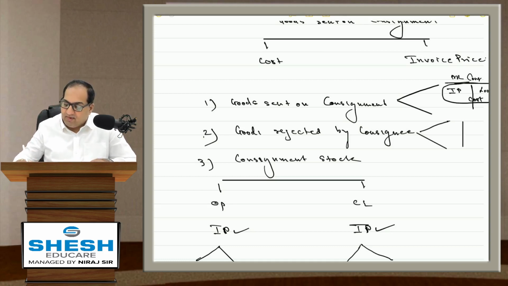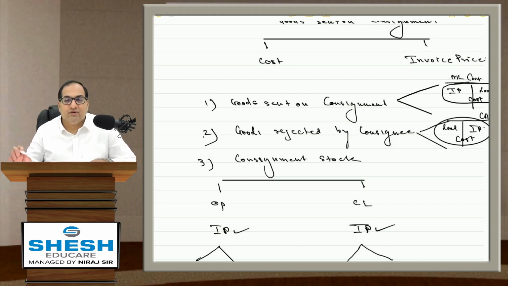When goods are rejected by consignee and sent back to consignor, we will credit consignment account at invoice price and reverse the loading element on the debit side. So invoice price credit side, loading element debit side, we will eventually get cost. In the books of consignor only I'm addressing, not the consignee at all.